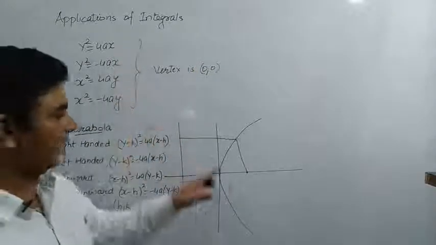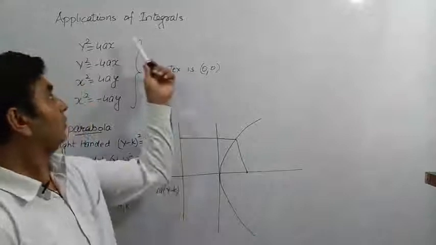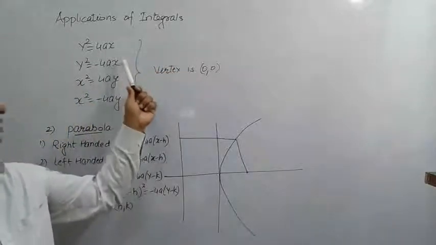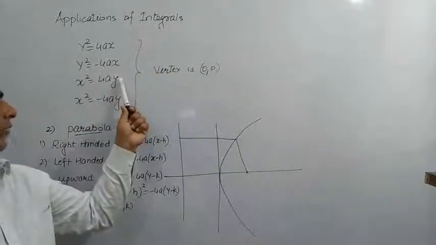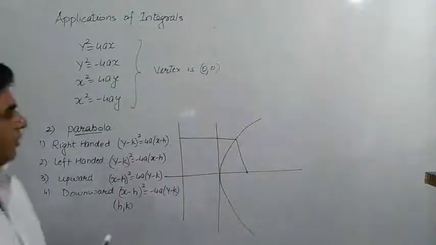They will all pass through the origin. And the figure for this is: this is the right-handed parabola, this is the left-handed parabola, this is the upward parabola, this is the downward parabola. The figure is given like this.